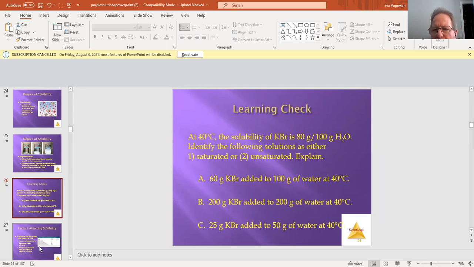I'm saying, Jessica, that the solution is saturated at 80 grams per 100 grams of water. You have 60 grams in 100 grams of water. Are you saturated or unsaturated? I don't know. It's a perfectly good answer.